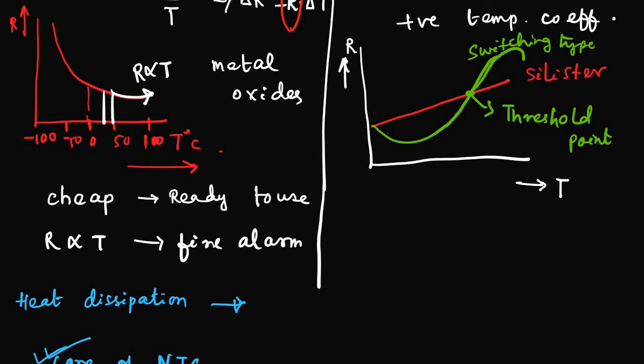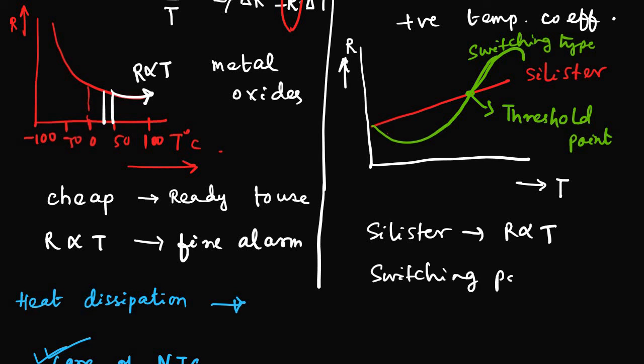As the temperature is increasing, for the resistor it is a linear one, so R varies as T. For the switching type, what happens? As it is a thermistor in PTC having positive temperature coefficient, that's why alpha is positive here.